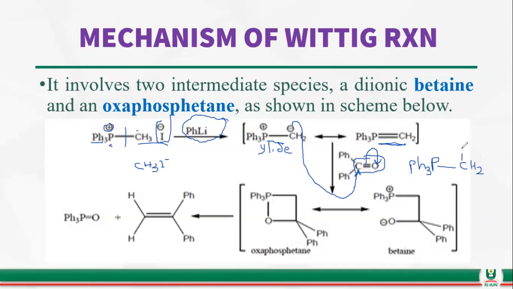So CH2 has attacked a carbon which now has O negative and 2 phenyl groups. The first one is the betaine, which is a diionic group.